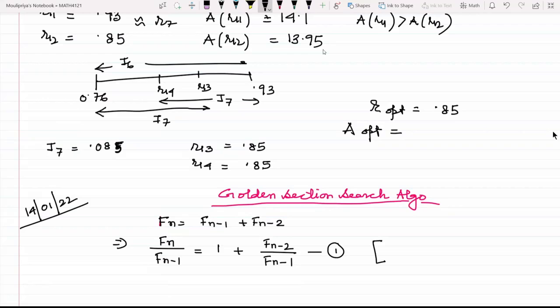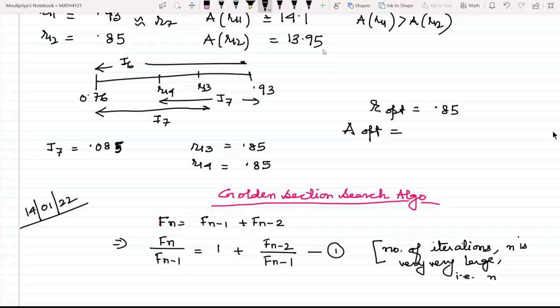And we assume, as I said, that the number of iterations, that is n, is very, very large. That is, n is tending towards infinity. This is the assumption that we have for the golden section search algorithm.